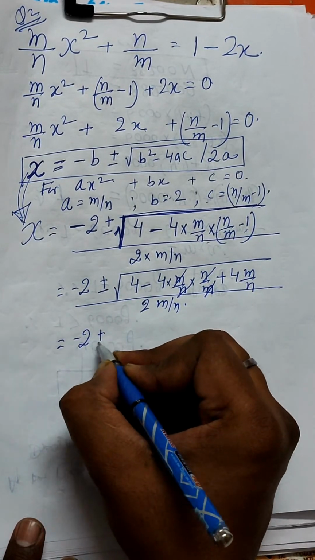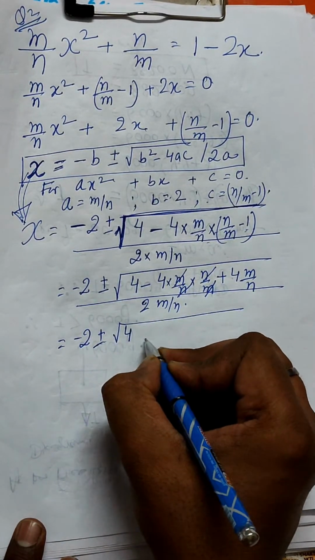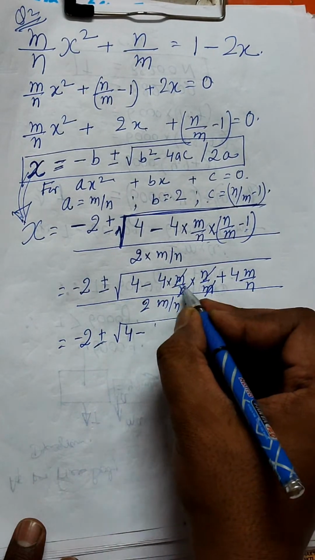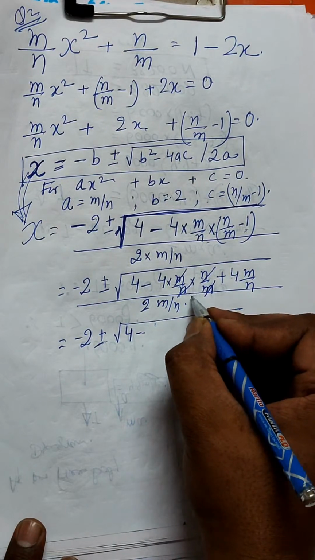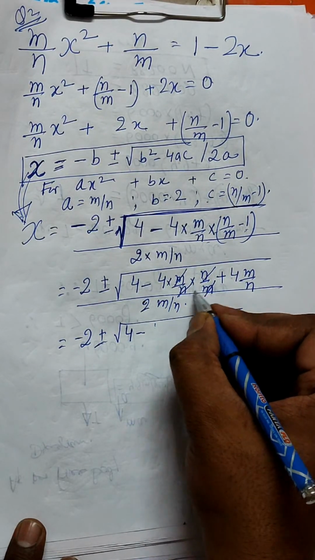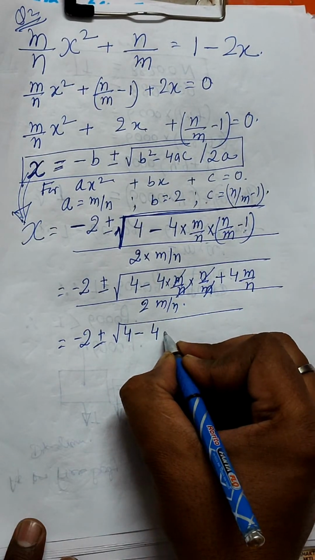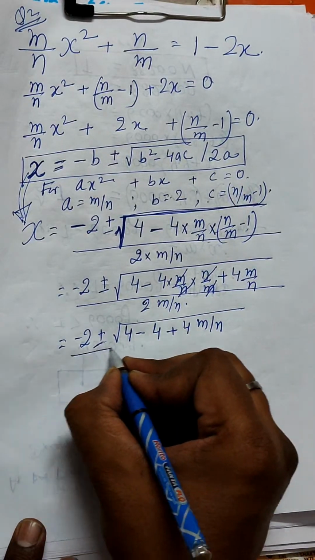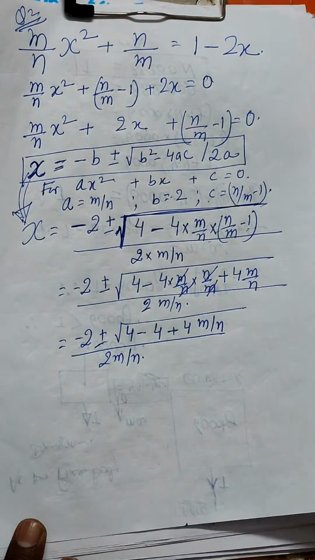Now this will give you minus 2 plus minus root over 4 minus, n all are cancelled, so we are left with 1 over here. All the product will be equal to 1. Minus 4 finally plus 4m by n by 2m by n, right?